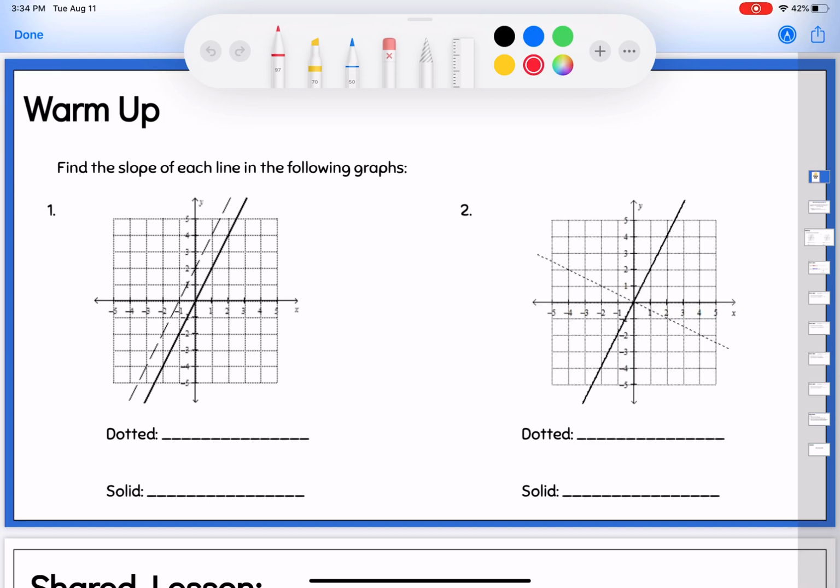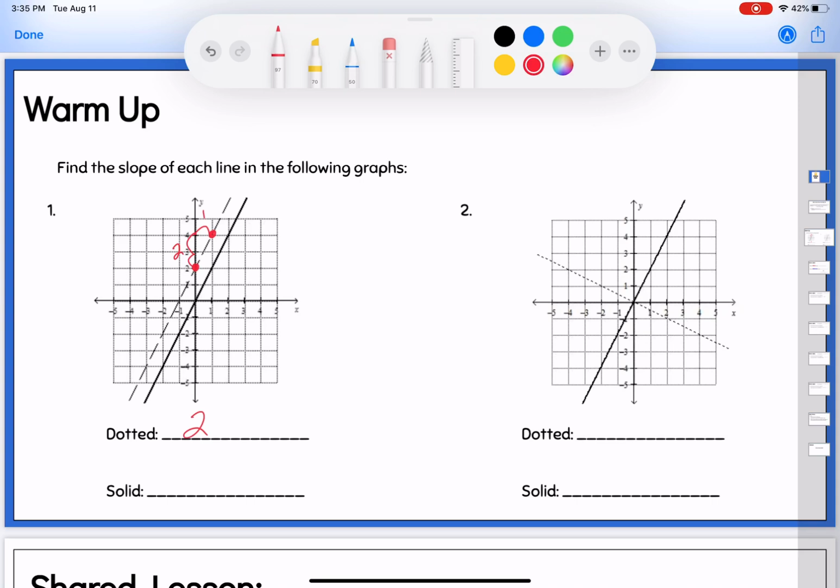All right, so if you have, I look at number 1 and the dotted line here, I'm just going to pick out 2 points. I see those two. So my rise over run would be rise of 2, run of 1. So my slope of my dotted line would be 2 over 1, or 2.